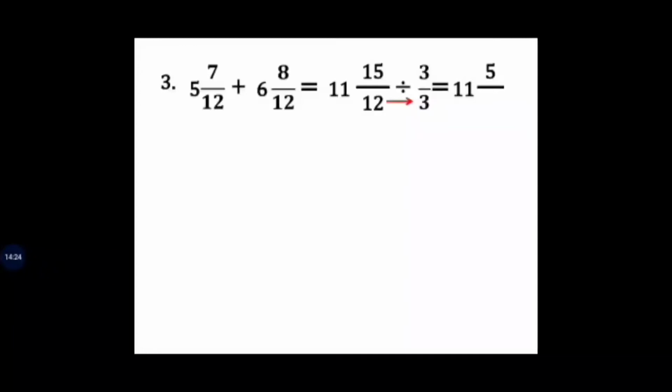And divide also 12 and 3 and it gives the quotient of 4. Take a look at the results. Is 5/4 now in the lowest term? No, it is not. It is an improper fraction. Though they have a common factor or GCF, they don't have.